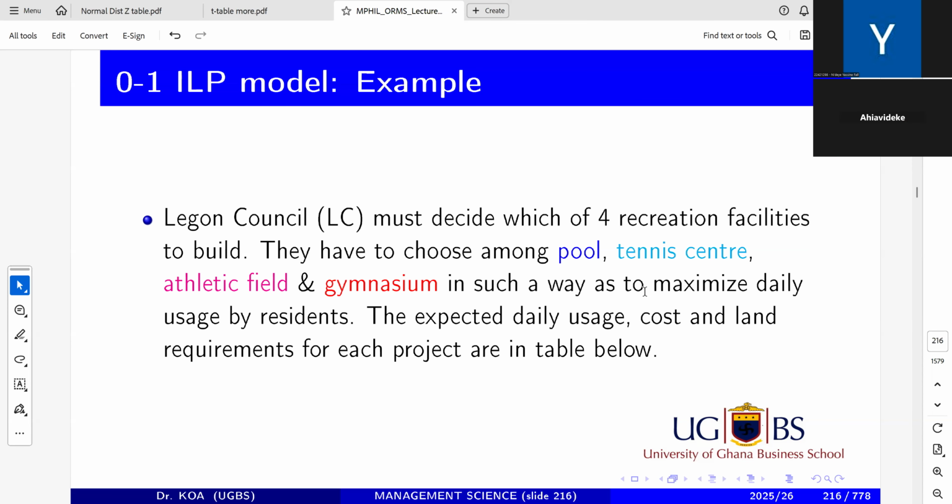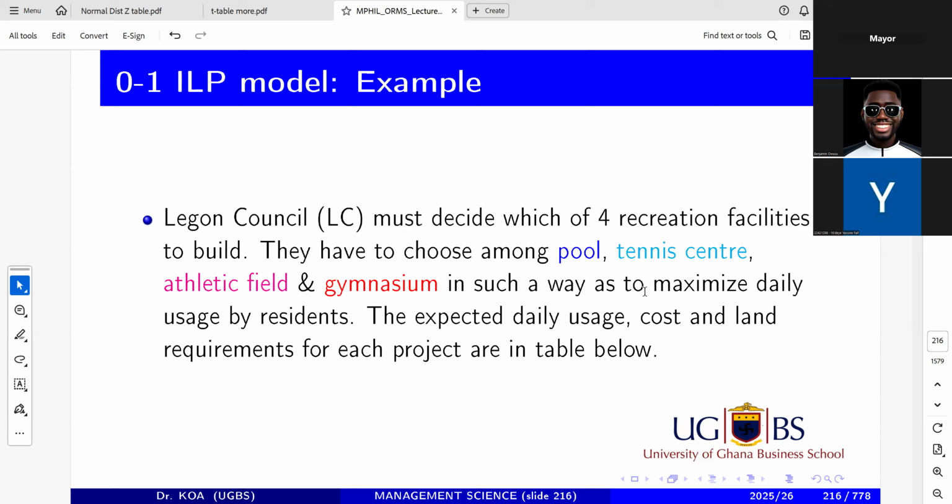Now, what tells us that the decision variables are binary? Benjamin.